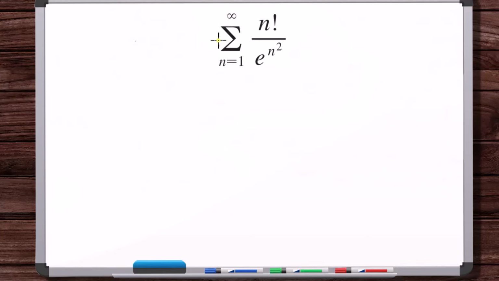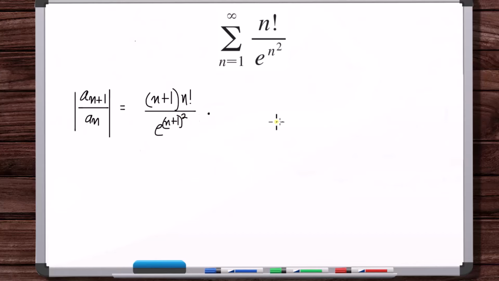All right, here I think about the ratio test. The ratio test is always nice with factorials. So, okay. Now, this is always positive, so we don't have to consider the absolute value. All right, so n plus 1 factorial, let's write that as n plus 1 times n factorial. And then we've got e to the n plus 1 squared. Okay, now we've got e to the n squared, and then n factorial.